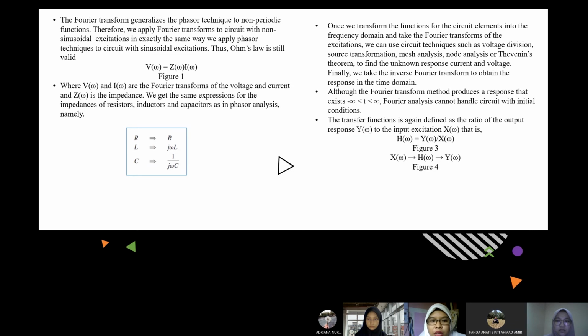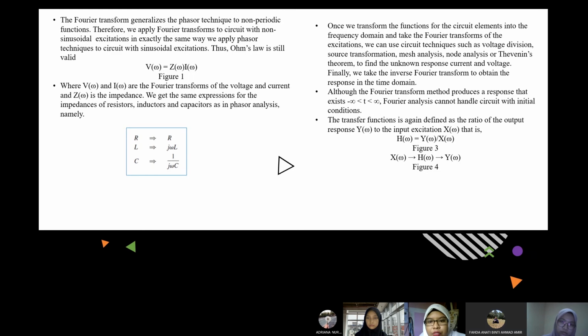Where V(omega) and I(omega) are the Fourier transforms of the voltage and the current, and Z(omega) is the impedance. We get the same expressions for the impedance of resistor, inductor, and capacitor as in phasor analysis. We transform the function of the circuit element into the frequency domain.